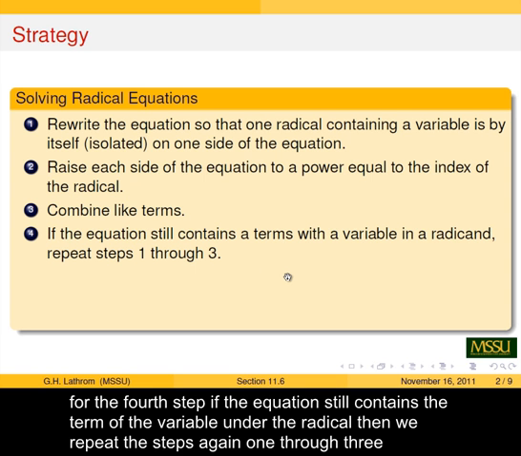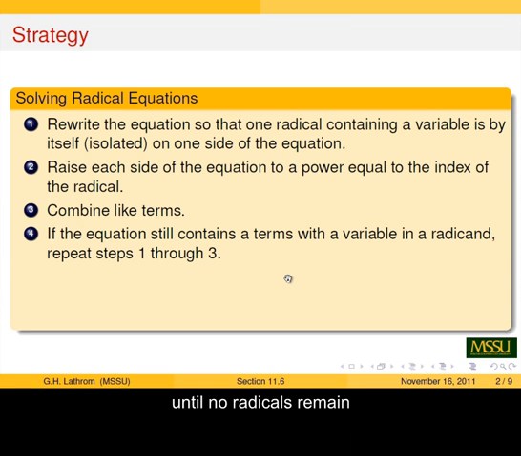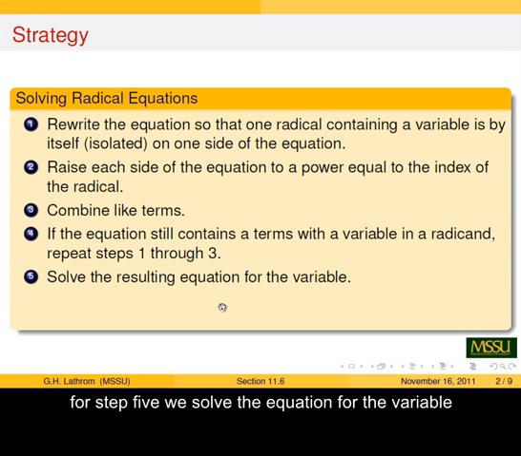For the fourth step, if our equation still contains a term with a variable in the radicand, we repeat steps 1 through 3 again until no radicals remain. For step 5, we solve the resulting equation for the variable.